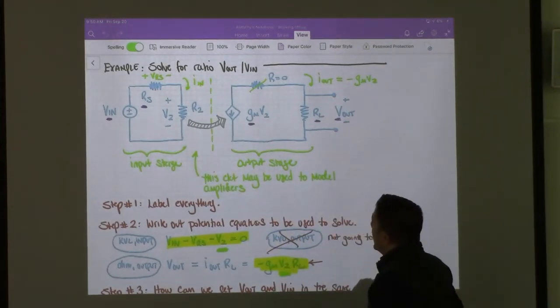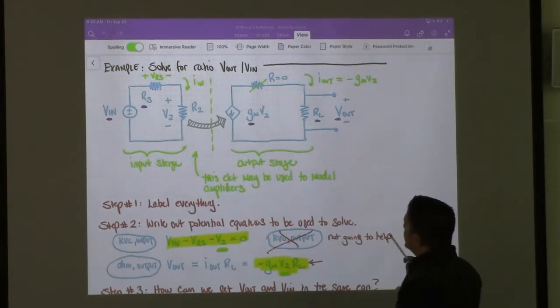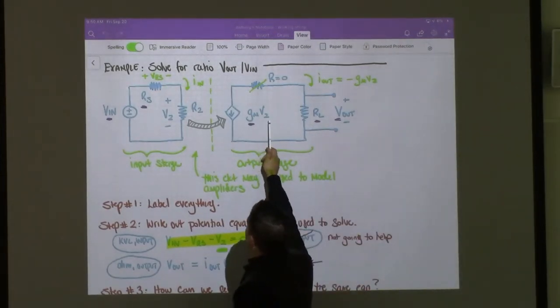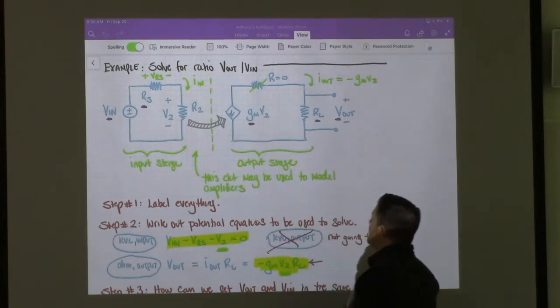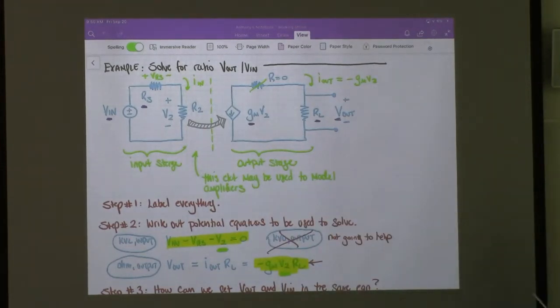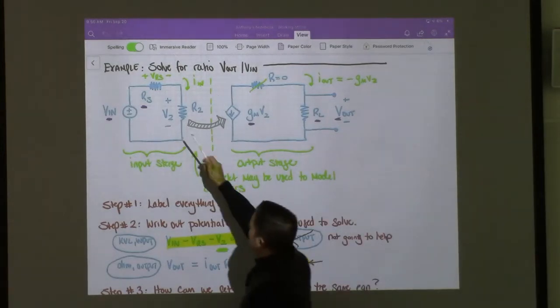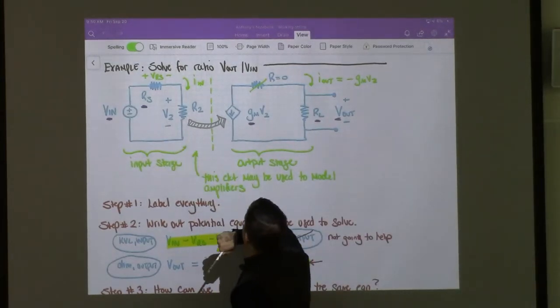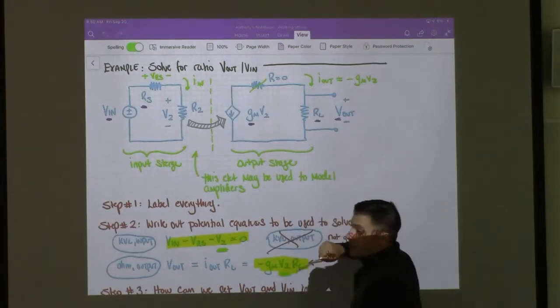Okay. So I've given you all the values. This current here is equal to GM times V2, whatever the GM value is. And we want to label everything that we don't know. So I'm going to call this VRS. I'm going to call this current here I in. I'm going to call this current here I out.